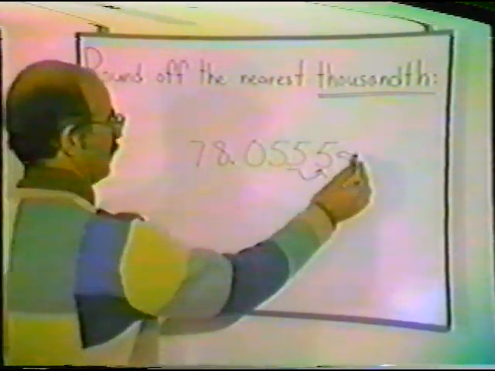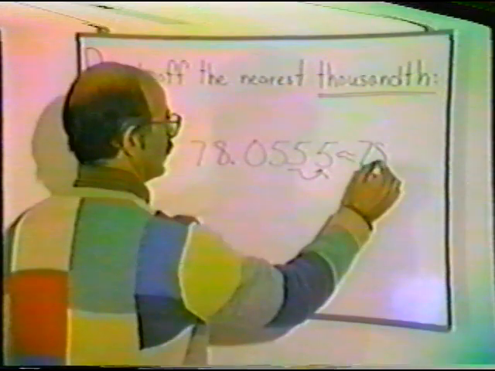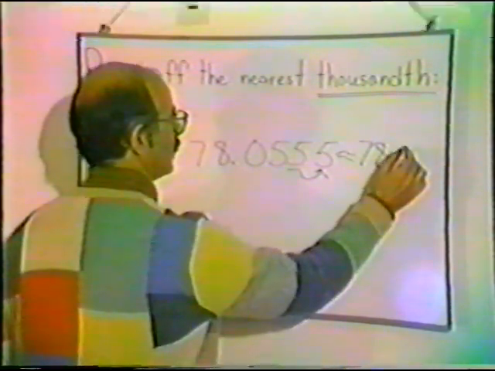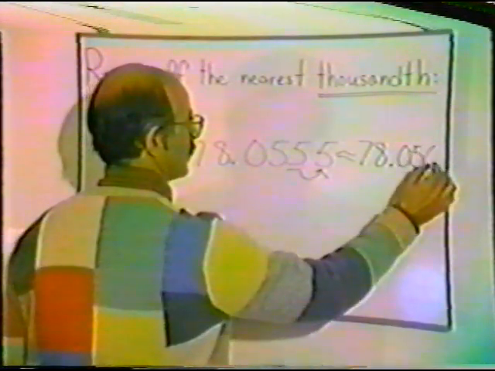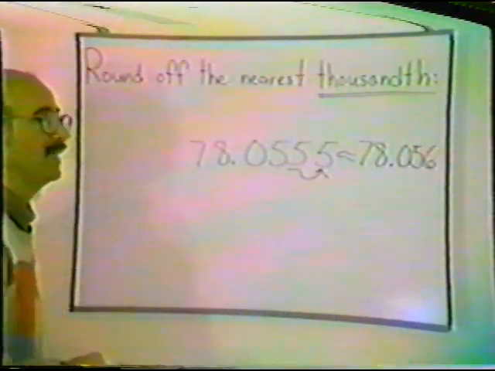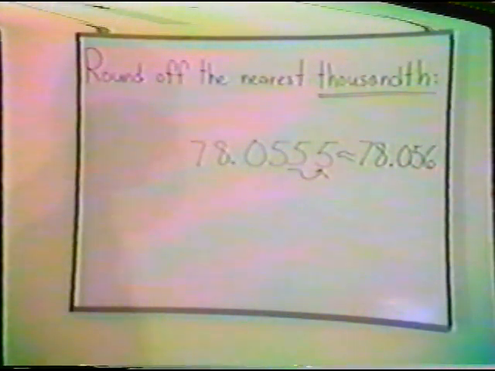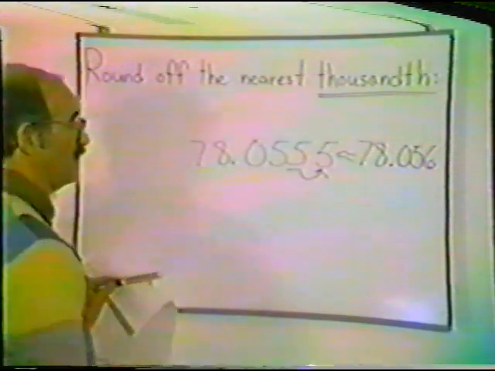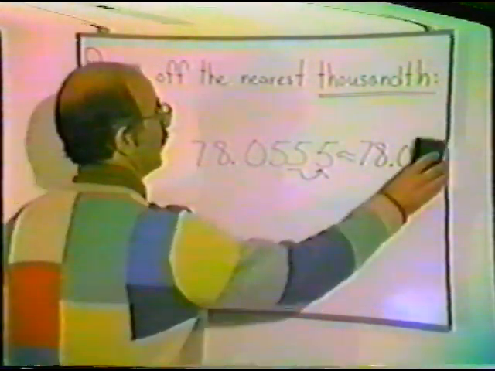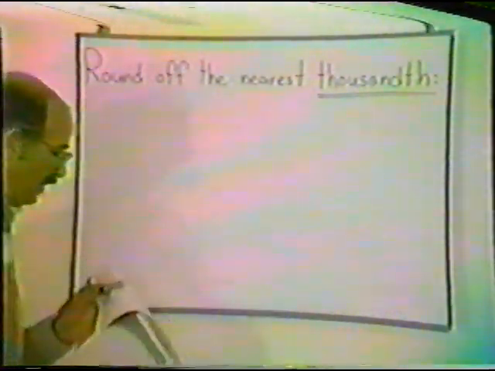Goes up and becomes a 6. 78.056. Please read me that number. 78 and 56 thousandths, because we've rounded it off to the thousandths place.